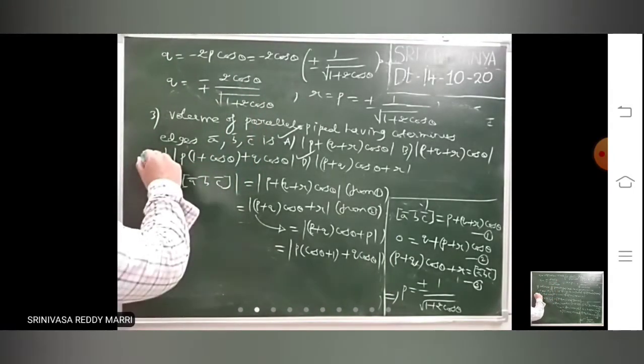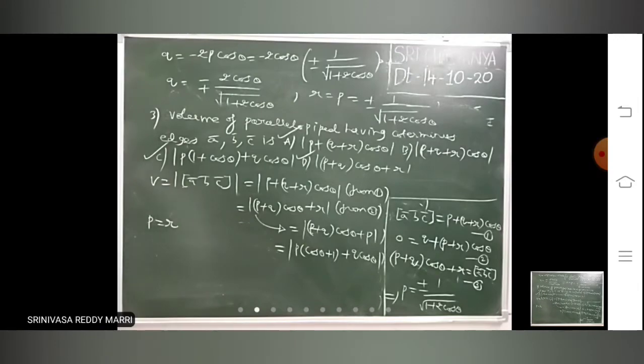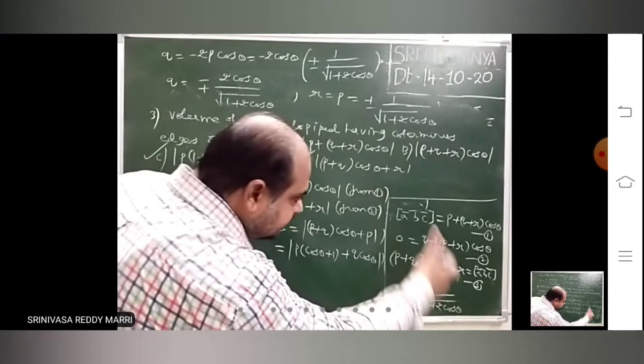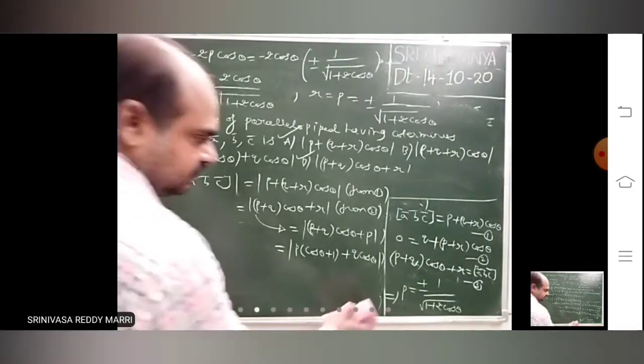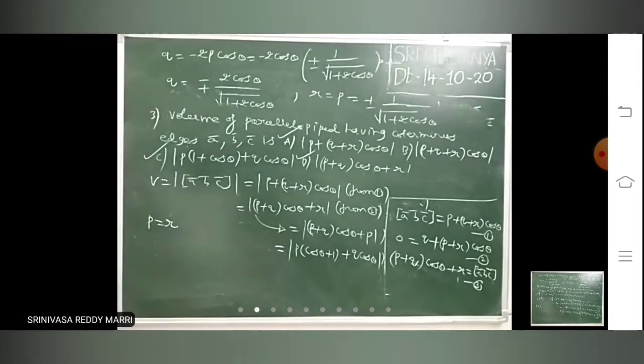Therefore, this is also correct. So, 3 answers are correct. Just by using these 3 relations, those 3 relations are main. Right? So, this is the third question. Okay. Fourth question.